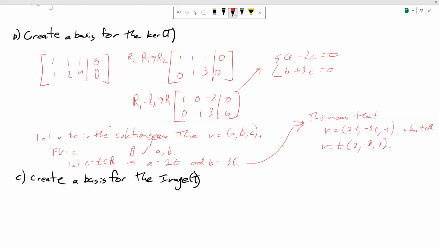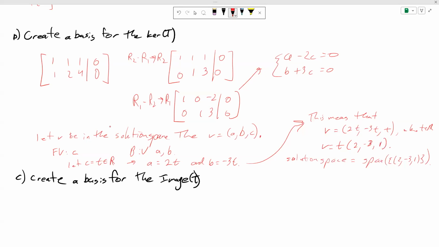Okay, so the solution space equals the span of the set containing the vector (2, -3, 1).